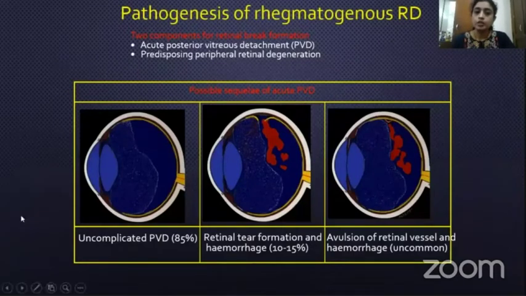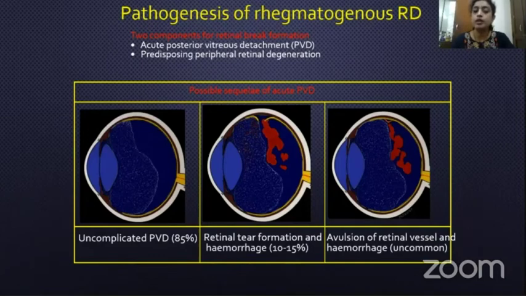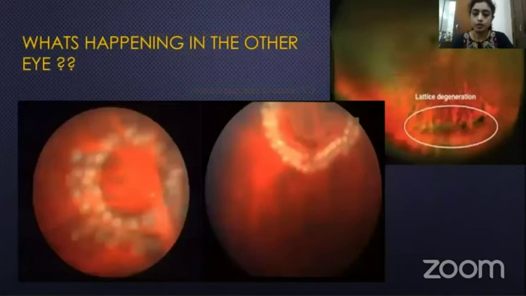Thus, the predisposing factors are peripheral retinal degeneration and a PVD. But in 85% of the patients, the PVD is uneventful, whereas in around 10 to 15%, it may be associated with retinal tear, hemorrhage, and retinal detachment. Very rarely, there may be only avulsion of the blood vessels leading to vitreous hemorrhage.